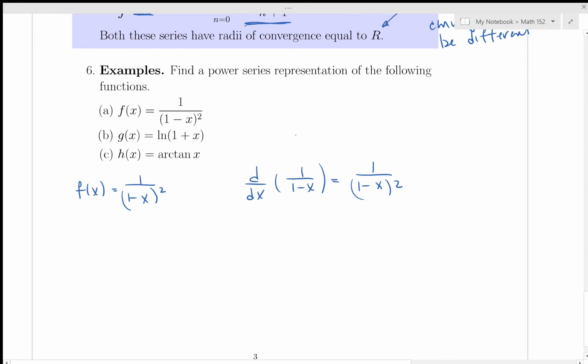And I know the power series representation of this because that's the geometric series. So that means if we know that this thing is the derivative of the geometric series, then let me just put it in symbols, might be easier.